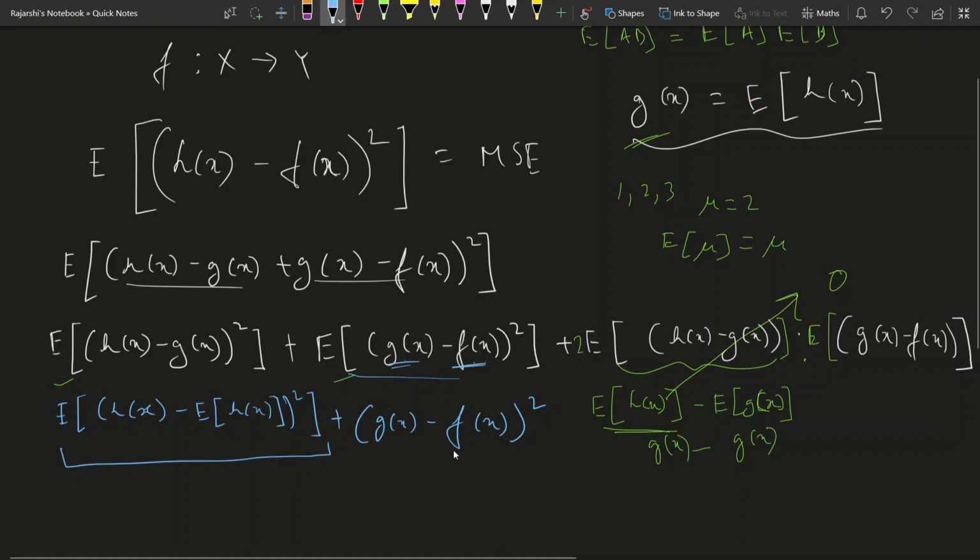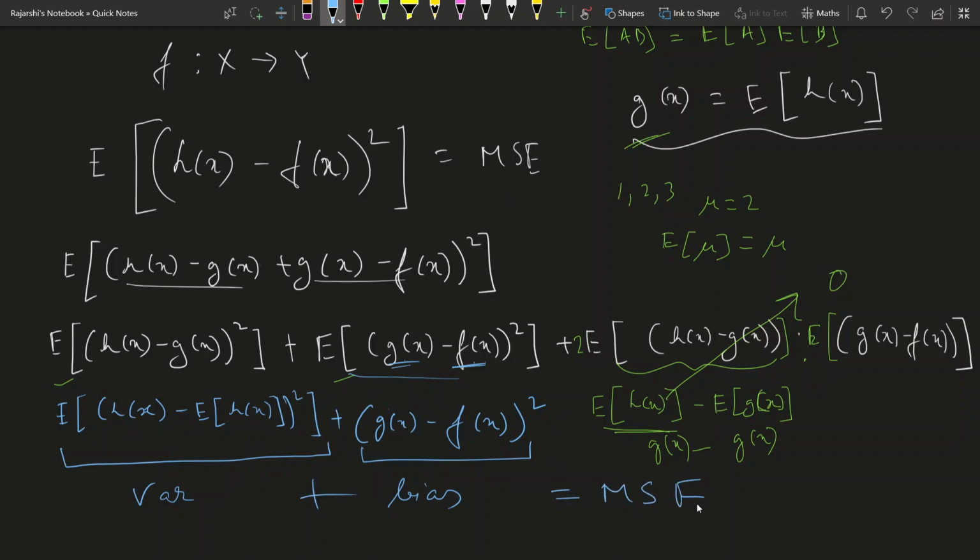This entire thing is known as the variance of the model. This one is the bias, and the summation of these two is your MSE loss.